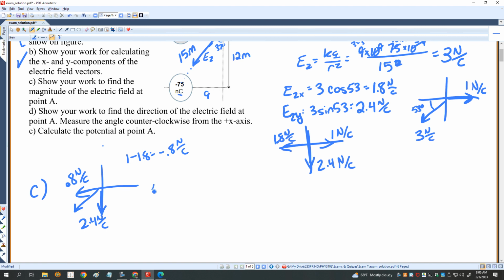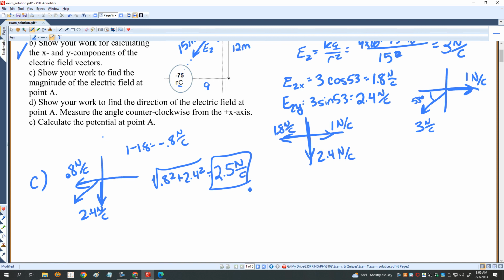To find the magnitude of that, I say the square root of 0.8 squared plus 2.4 squared, and I get 2.5. So that's the answer for the magnitude. And then I want to find the direction.